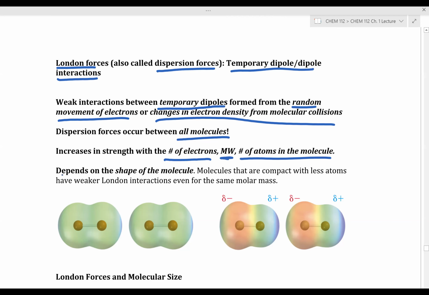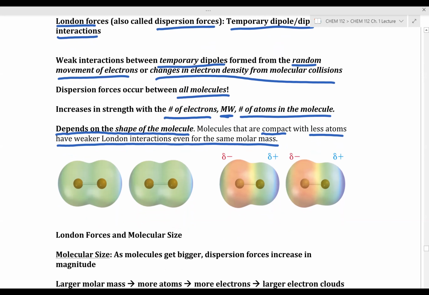Now, these forces heavily depend on molecular shape. Molecules that are compact with fewer atoms have weaker London interactions. We'll talk more on how this affects both linear and branched boiling points. So to give you a picture of how London forces function, suppose you have two nonpolar molecules, right? There's no uneven distribution of electrons, so your electrons are sitting evenly, shared in bonds, or sitting on each individual atom, depending on your perspective.